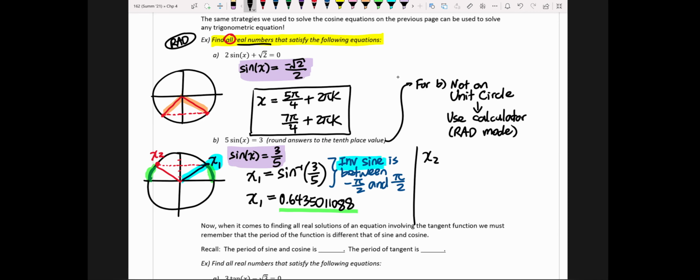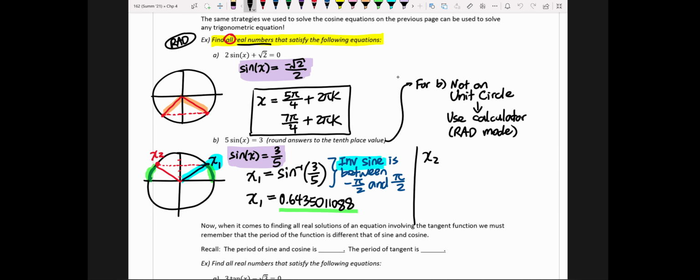Do we just add a negative on sine x over 3/5? No, if we took, let's say, inverse sine of -3/5, that would give us the solutions down in quad 3 and 4. We don't want that. The inverse sine is only going to generate one solution. We have to look at the symmetry of the graph to help us find the other solutions.